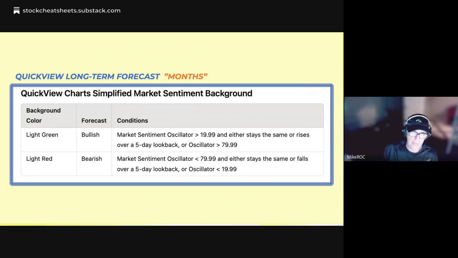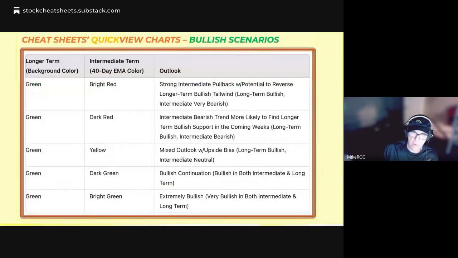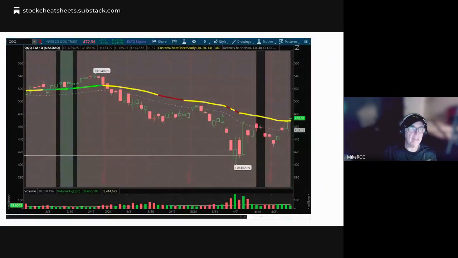We have explanations for the months part of the equation and then bullish scenarios that combine the 40-day exponential moving average in the foreground with its variable color scheme with the background colors. And so we explain that in the user guide. We show you, and we did this the other night, where the Qs and the other major indexes are. And so I think you have all the tools necessary to start the trading week.